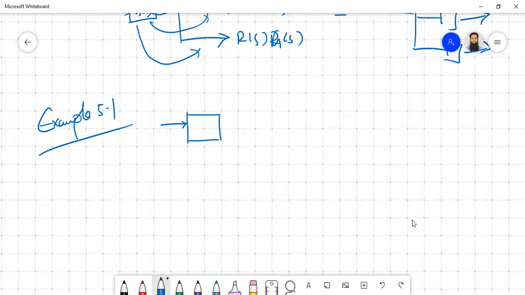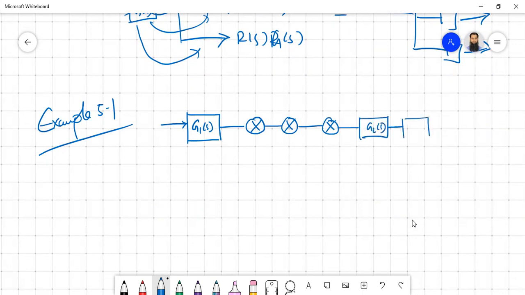So we have one box GS, one system, then you have three consecutive summing junctions, then you have G2S, then you have G3S, CS.